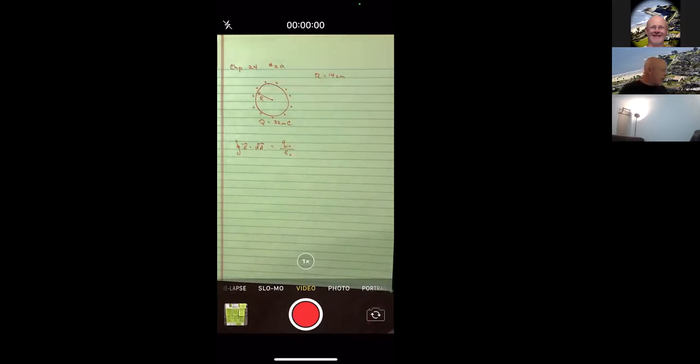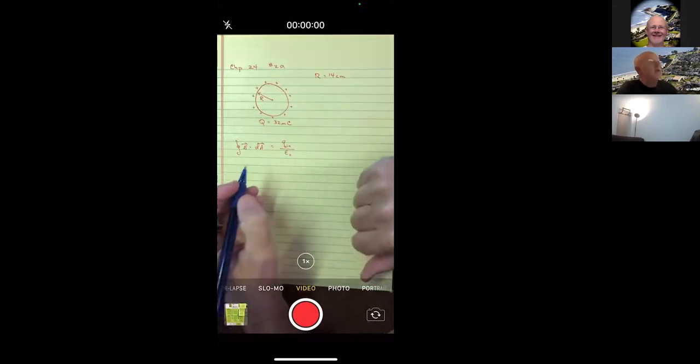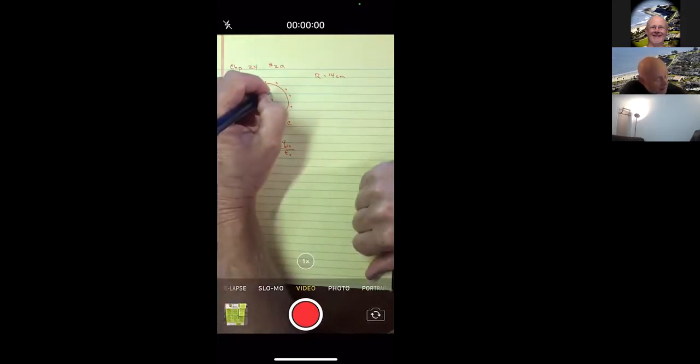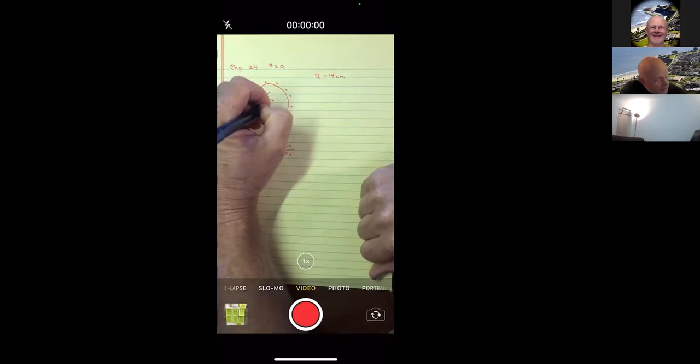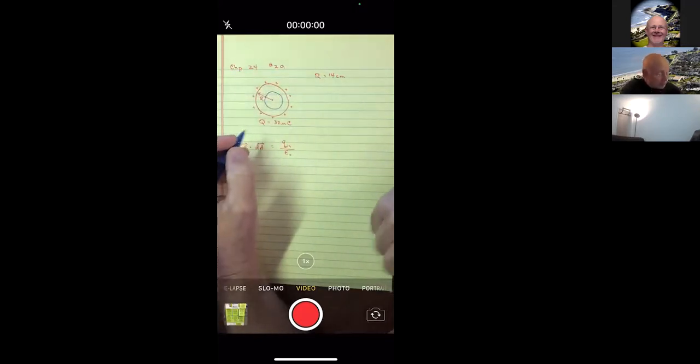So I think that we need to do Gauss's law twice here. Let me do Gauss's law, say, on the inside first. So I'm going to make a blue Gaussian surface here.